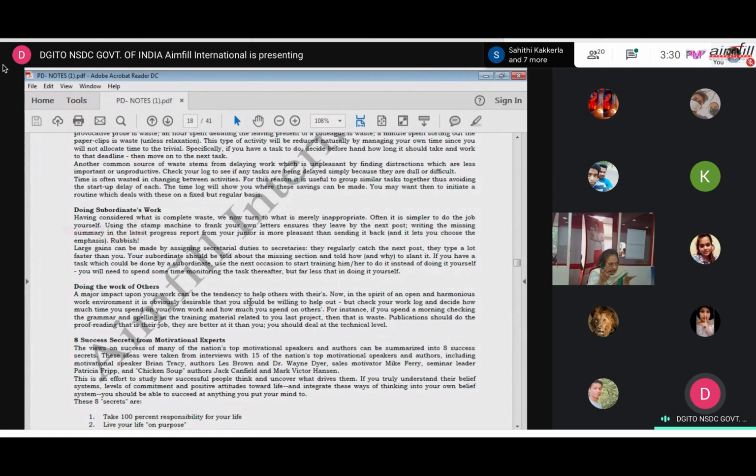When you take on a lot of work, you're not able to do your own work, and your time management goes haywire. So try not to do the work of others. First finish your own work, and then if you have the time, you can do other people's work. This is not personal, this is regarding your work ethics, okay?